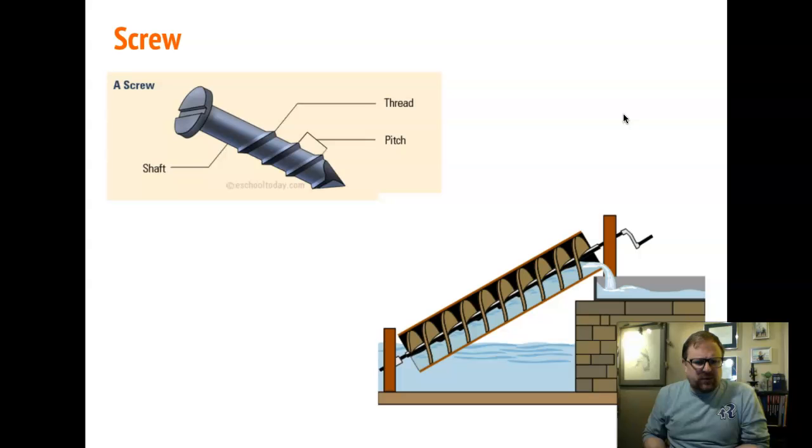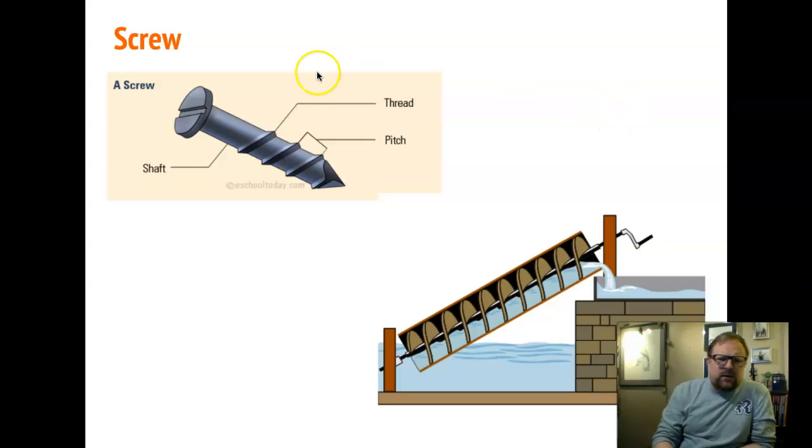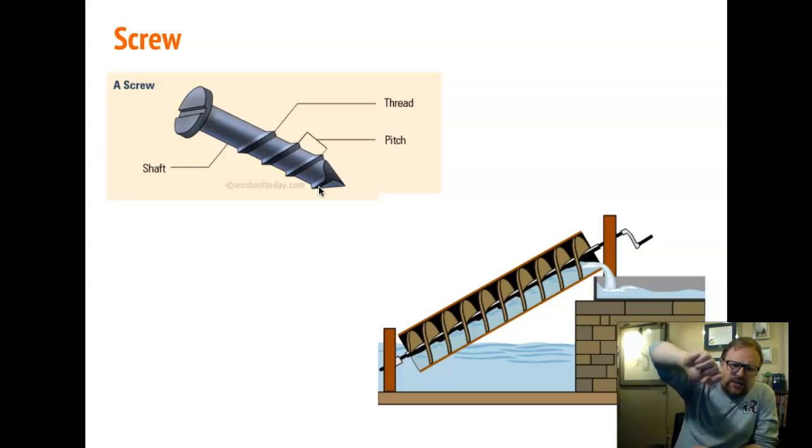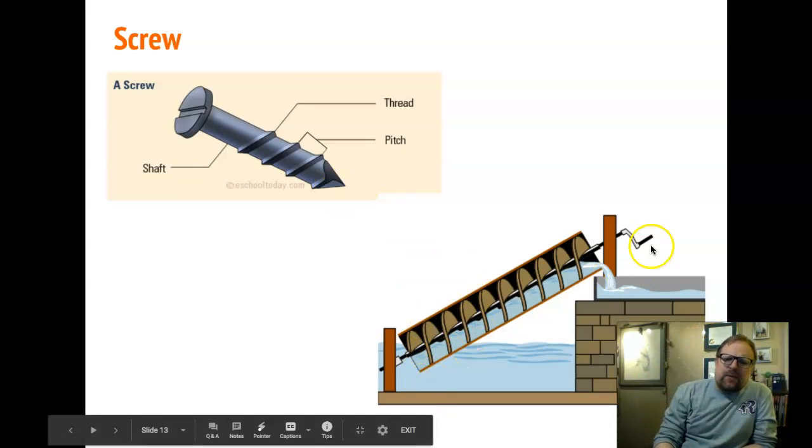So this is a simple screw. What you would do is put your input force over here. The output force would be basically here. And as you screw that object in, it sort of pulls itself down into the object. This is an Archimedes screw.